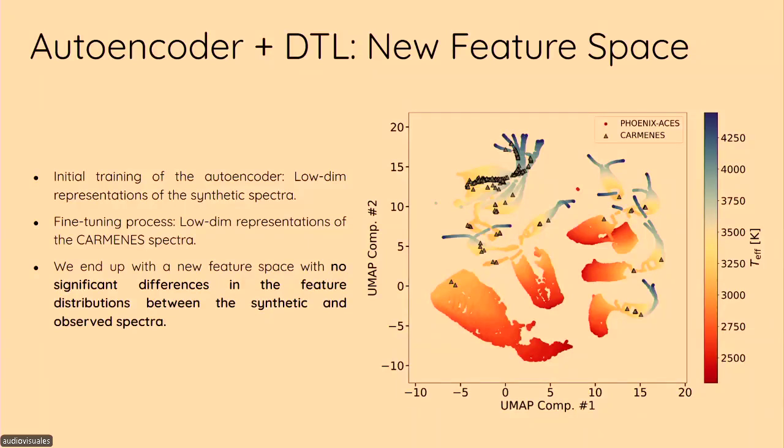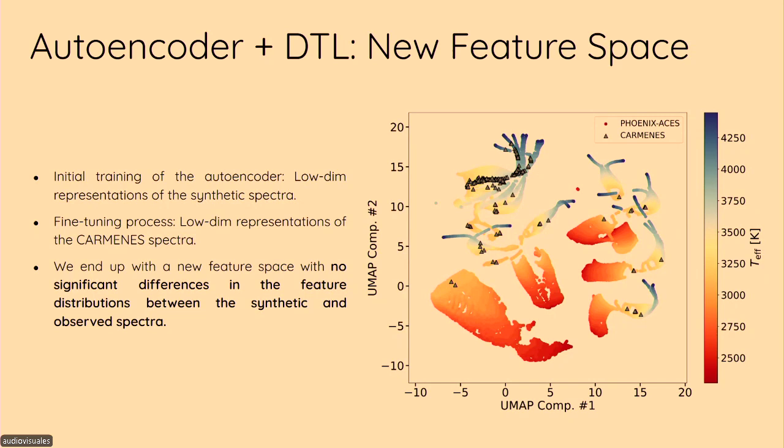So with the initial training of the autoencoders, we obtain low-dimensional representations of the synthetic spectra. With the deep transfer learning process, we obtain low-dimensional representations of the CARMENES spectra. And with this, we build a new feature space in which no significant difference between the synthetic and the observed data is observed.